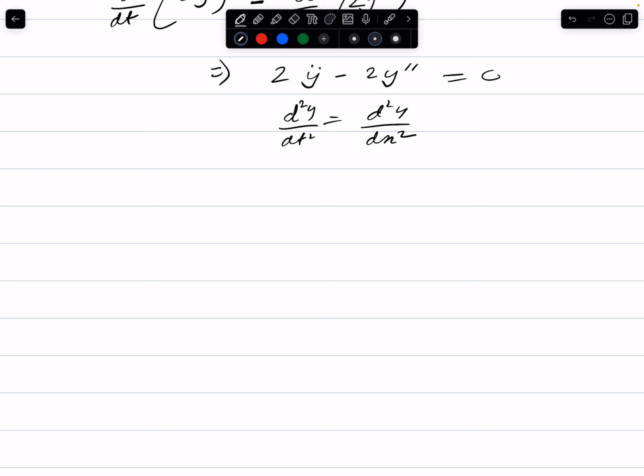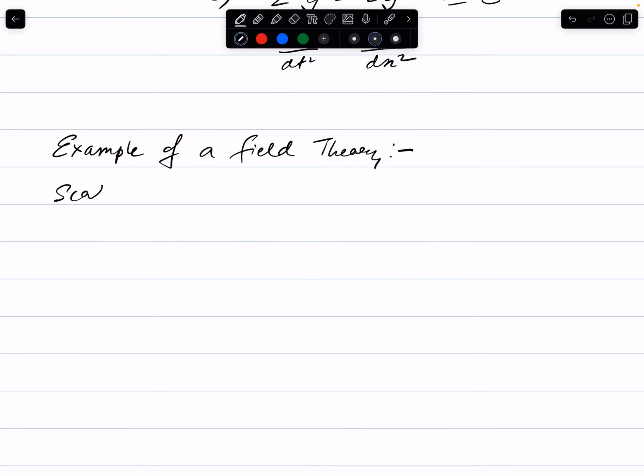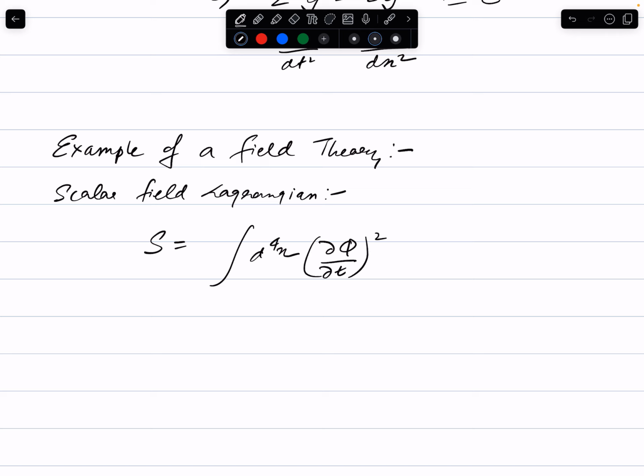So this is what we will do, and let me stop by giving one example of a field theory that we will study in the upcoming classes. An actual example, the scalar field Lagrangian. So the starting point of any scalar field is the Lagrangian, and in 4 dimensions this is del phi del t square minus grad phi square plus m square phi square.